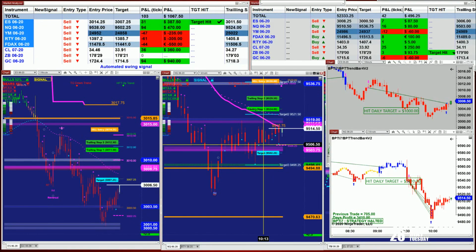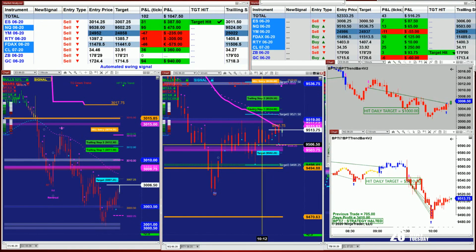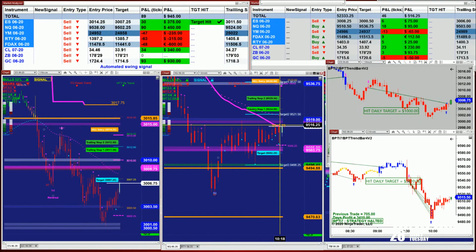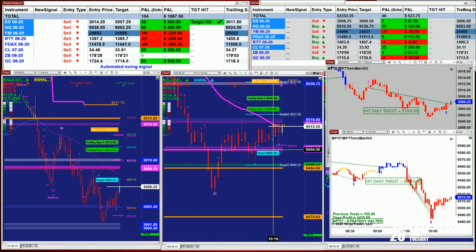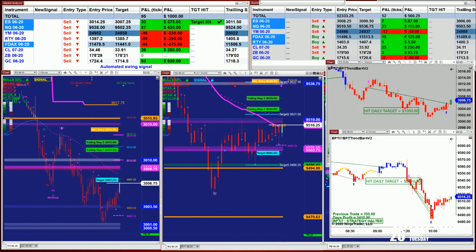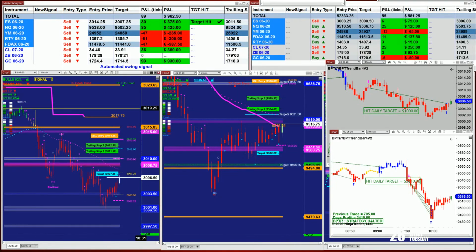What's happening in the market right now? This is very important. It's not what the auto trade makes. What is more important is what's happening right now. There is a resistance area at 95.1750, and there is a support area at 95.04. What is that telling us? You cannot trade anymore.